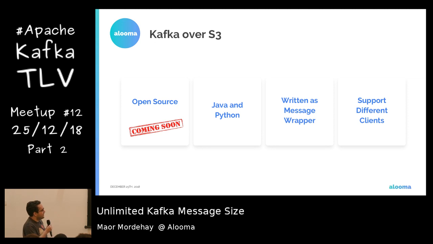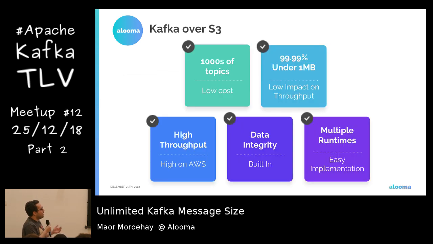That's it. Next, please. So really, using S3 as a backend for Kafka lets us support all of the high throughput.